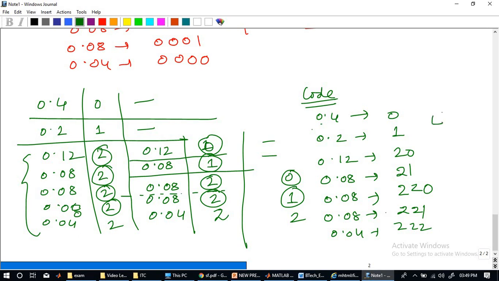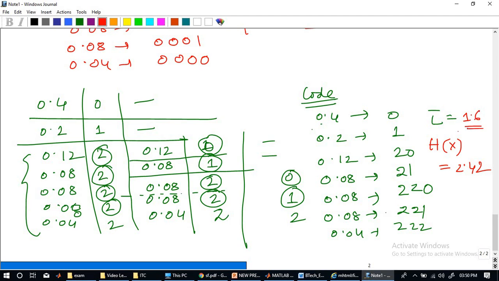Can anyone give me L average for this? Can anyone give me L average? 1.6.